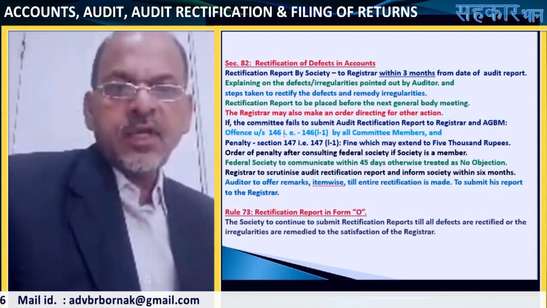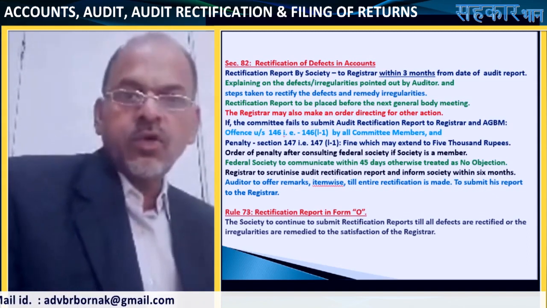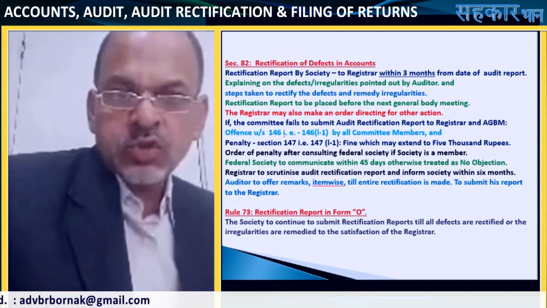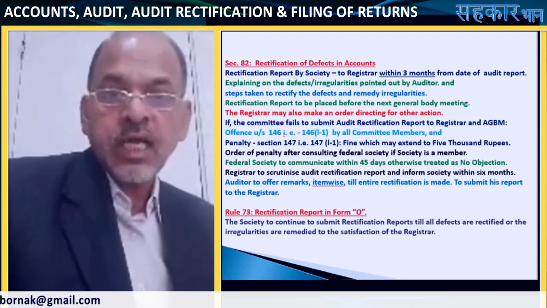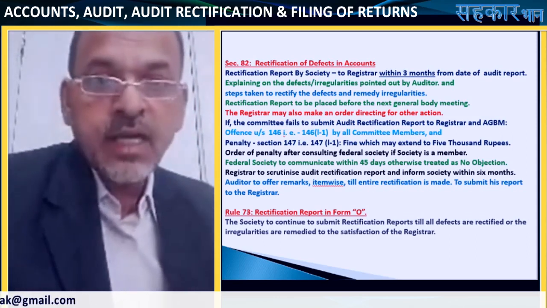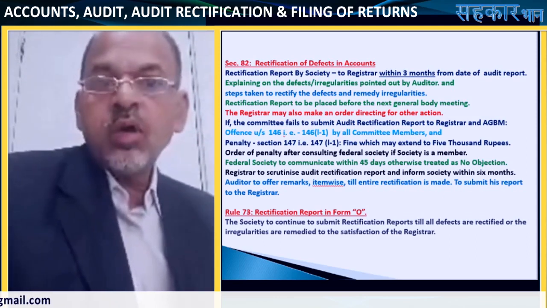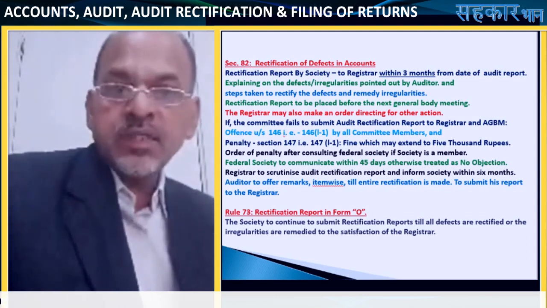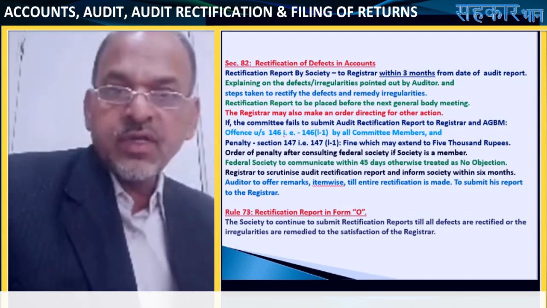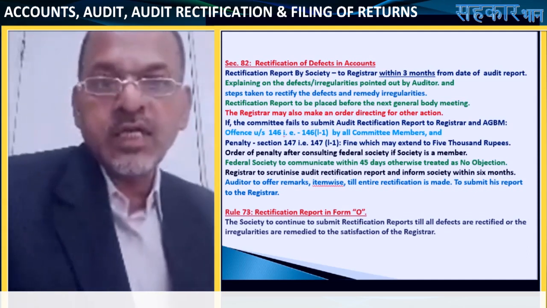Means it will have to be prepared by the society and submitted to the registrar till the registrar gets satisfied. So there is form O for preparation of the audit rectification report as prescribed under rule 73 of the Maharashtra Cooperative Societies Rules 1961.